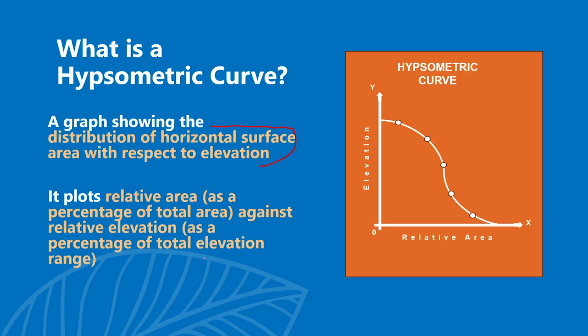It works by showing you a graph such as this. On the x-axis, we have the relative area, and on the y-axis we have elevation. So, the points here will tell us how much area falls under what elevation category.